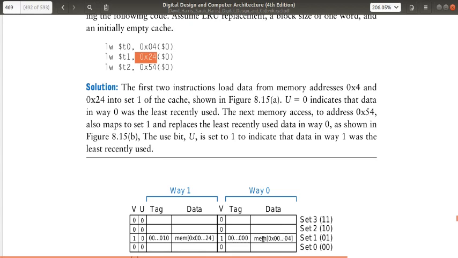So the value is 0. Now we have to copy 54. Where will it be stored? It will be stored in this block, right. And what will be the value of U then? The use bit will change from 0 to 1, because when 54 comes here, 54 is the most recently used and 24 is the least recently used. So U should change to 1.